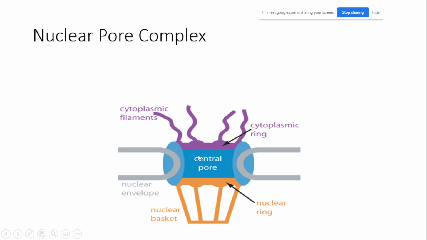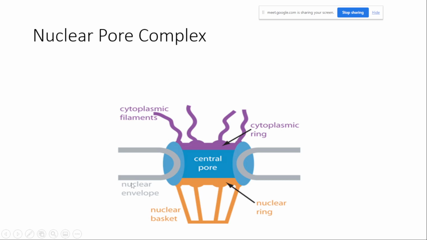In this pore, the NPC was embedded, and the structure of the NPC is a central pore in the middle, a cytoplasmic ring which extends to the cytoplasm, and a nuclear ring which extends to the nucleus.